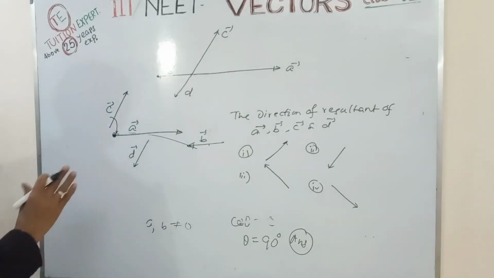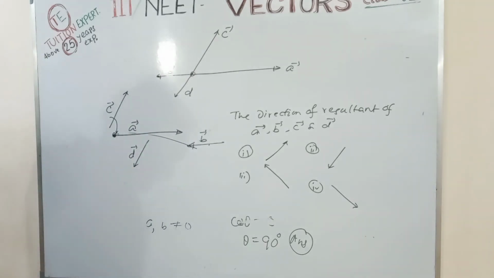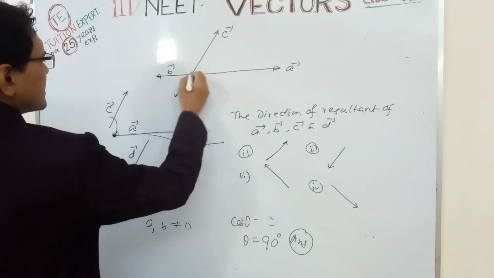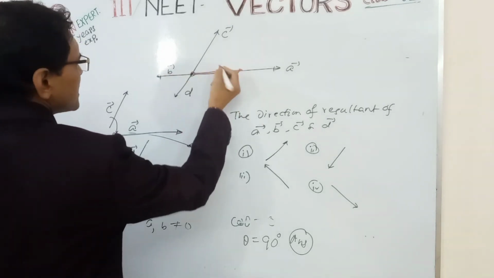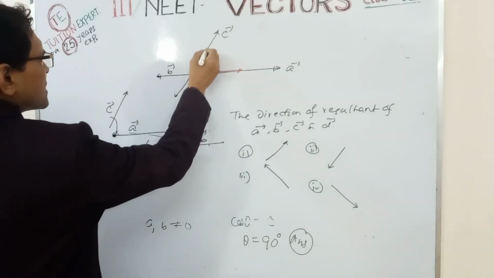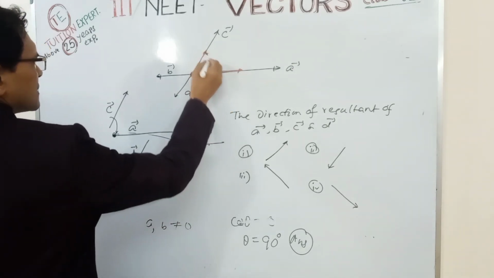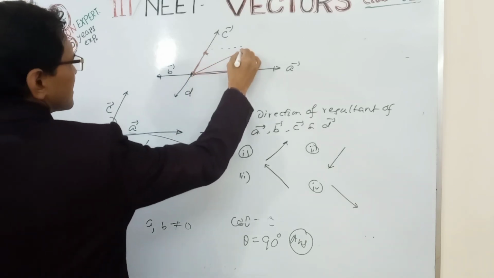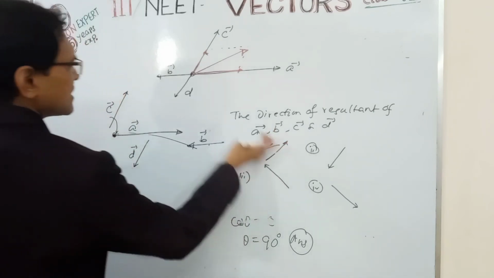All vectors must start at the same common point. Now we can find the result. The resultant of a and b will be this, and the resultant of c and d will be this. So the final result is in this direction.